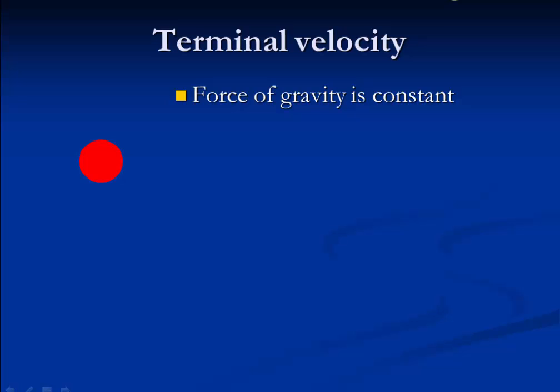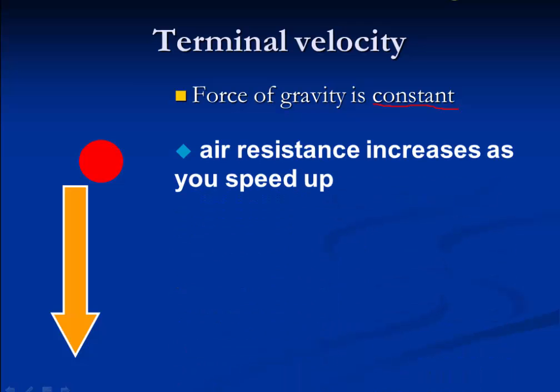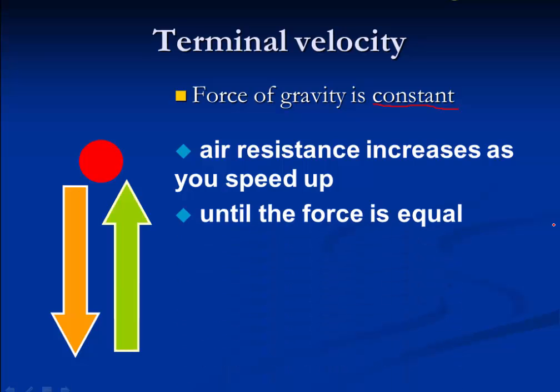So the force of gravity is constant. It does not change. So we know what that number is, and it does not change. Air resistance increases as you speed up until the forces are equal.